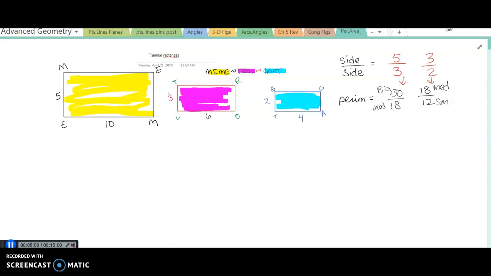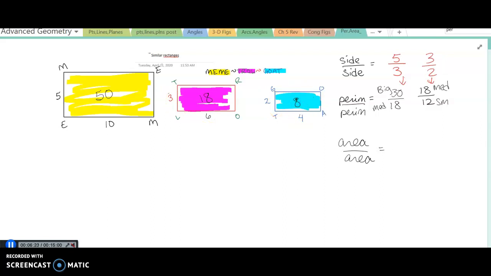Then we also want to look at the area now, so the area to area ratios. We know 5 times 10, length times width, is 50. 3 times 6 is 18. And 2 times 4 is 8.